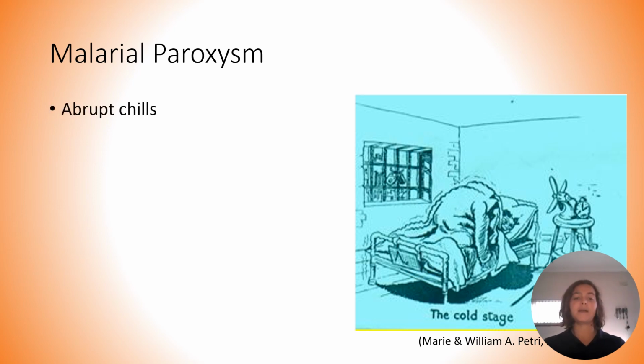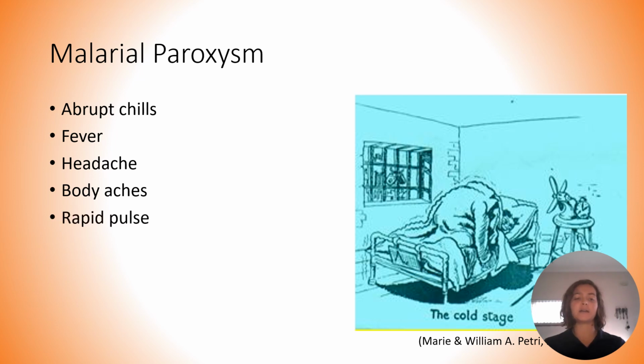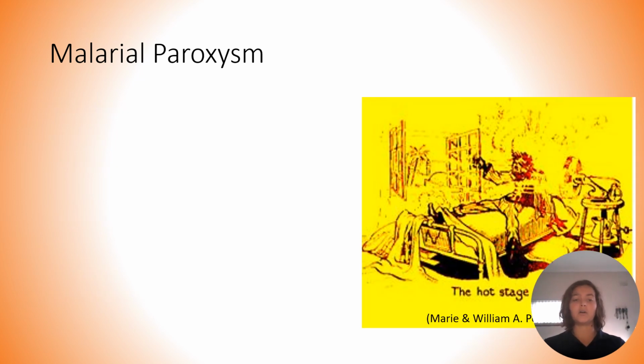This is where the patient has abrupt chills, a fever, a headache, and lots of body aches, and the temperature rises between 39 to 41 degrees. The patient will also have a rapid and thready pulse. This normally lasts for 15 to 60 minutes. The second stage of the malarial paroxysm is the hot stage.